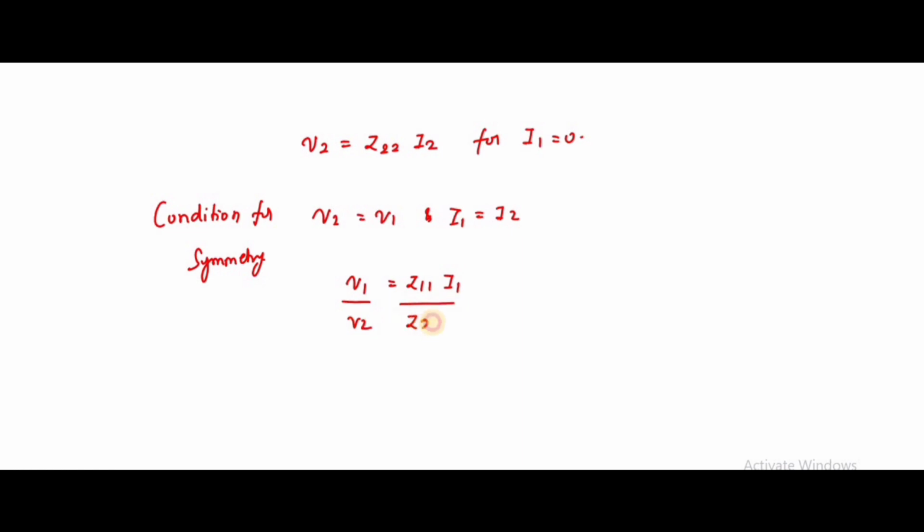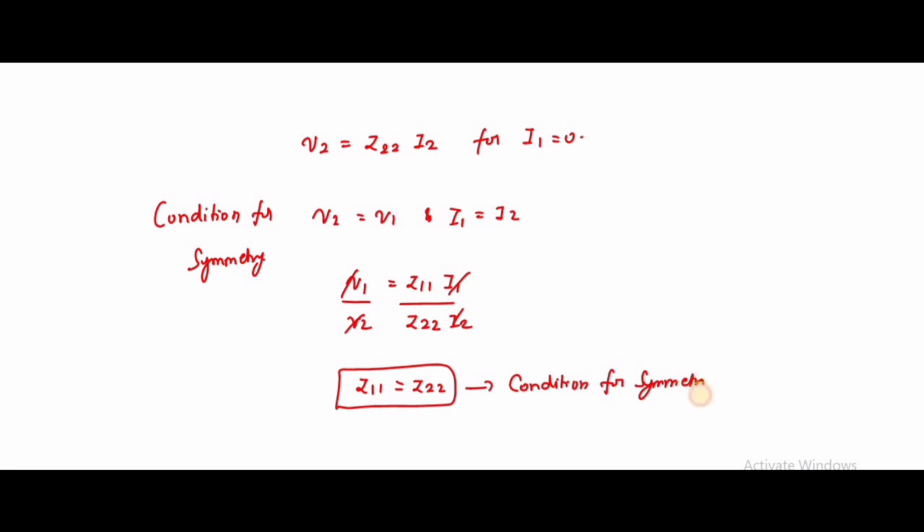So here these two get cancelled out. So we'll get Z1 is equal to Z2. This is a condition for symmetry in terms of Z parameter. So V1 by I1 is equal to V2 by I2. This is also an important equation. Okay, so I can write V1 by I2 is equal to V2 by I1.